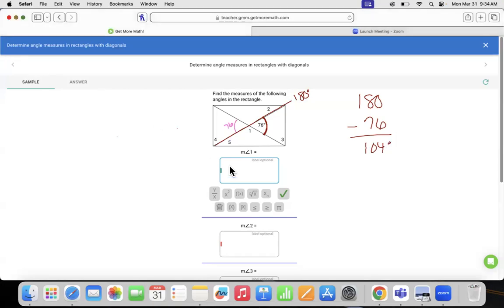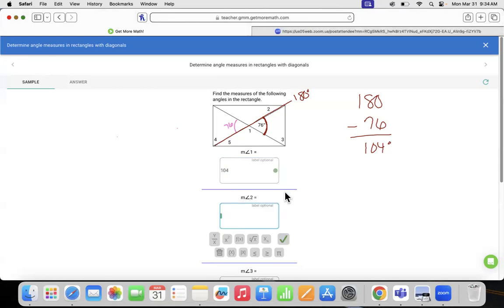So let's double check that. There we go. And then measure of angle 2. Okay. So let's see if there's any information that we're given here. So I'm going to come in here and erase this up a little bit. And we know that this is 104. We know this is 76. We know this is 104.